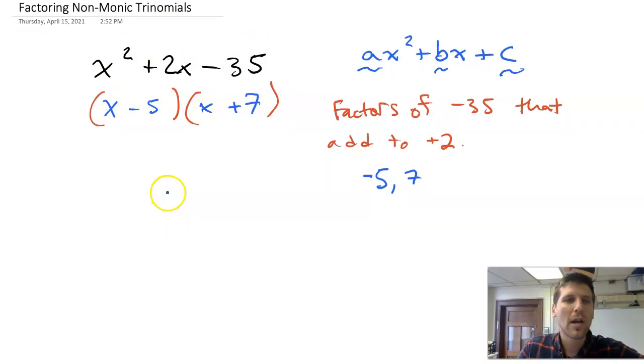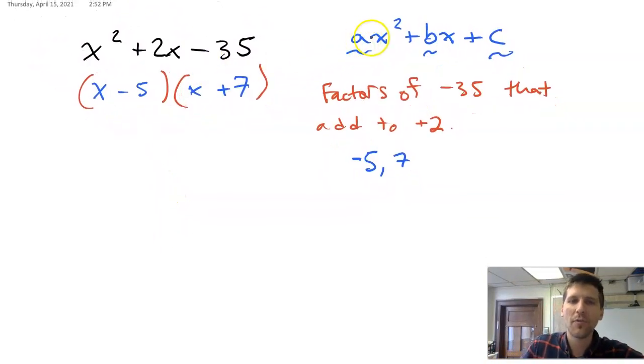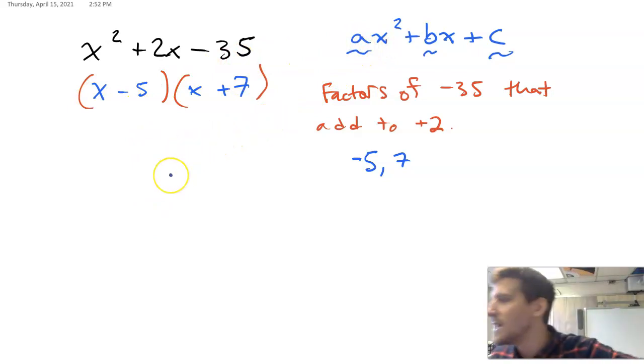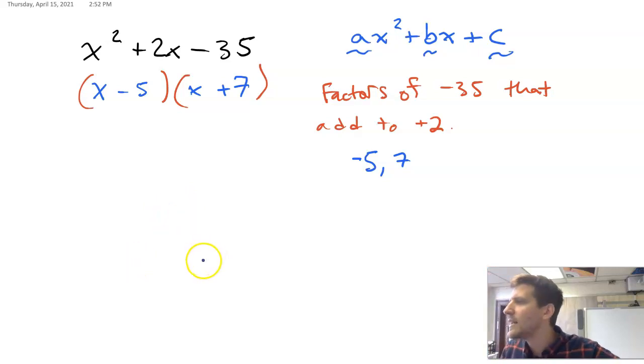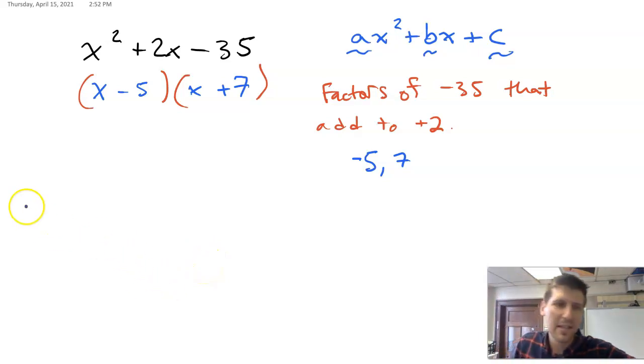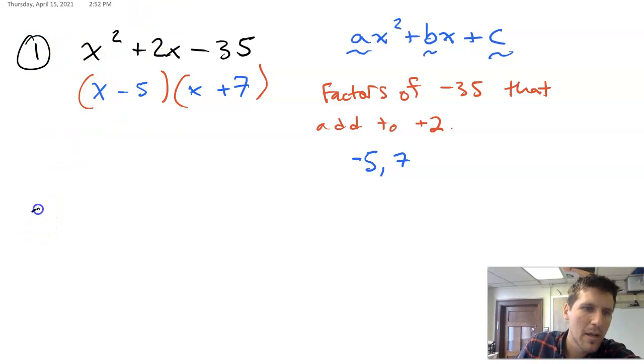It gets a bit more complex when I have a coefficient of my x squared term that's not 1, or an a that is an integer other than 1. So let me pull up a good example here. I'm going to go ahead and give you one along these lines. I'm going to call it a 3, so that we call that one number 1.